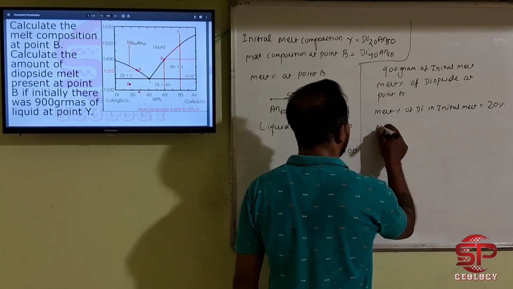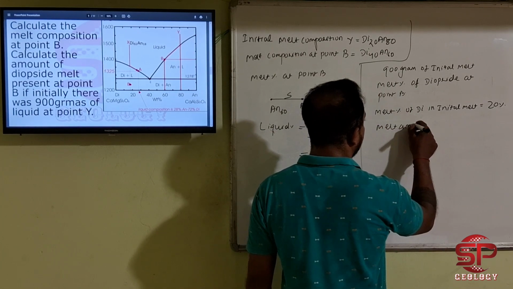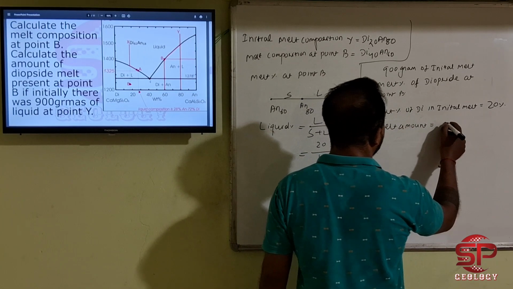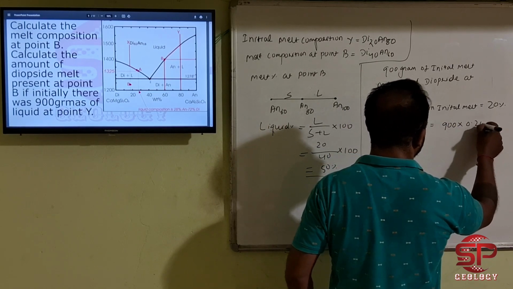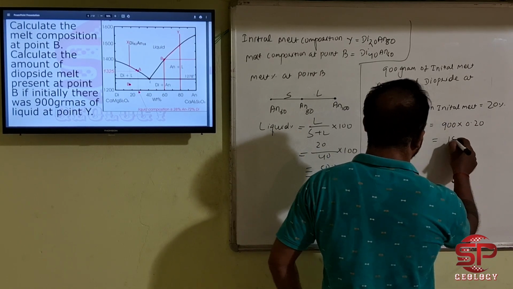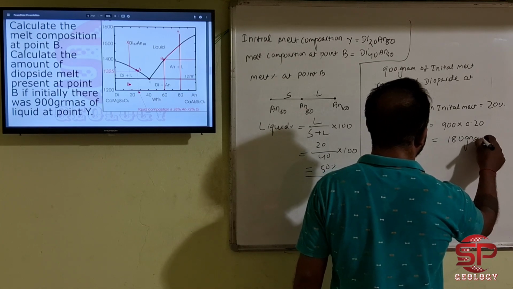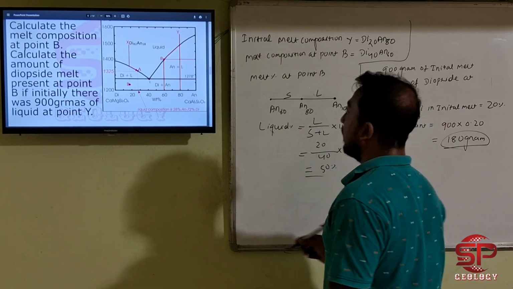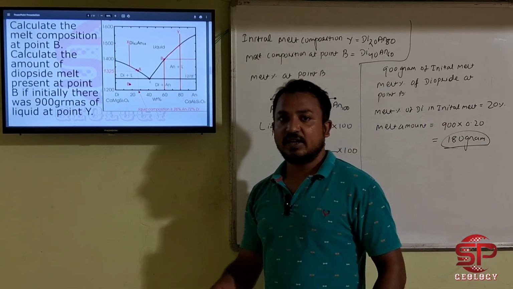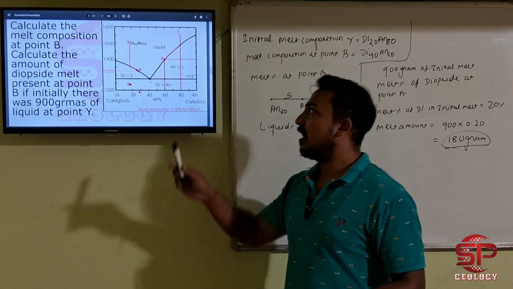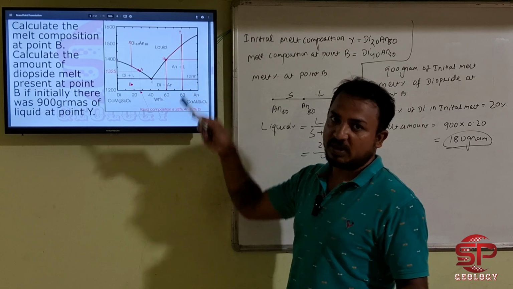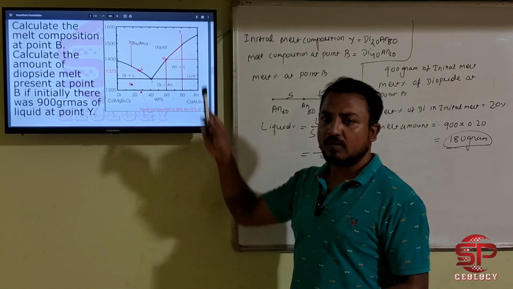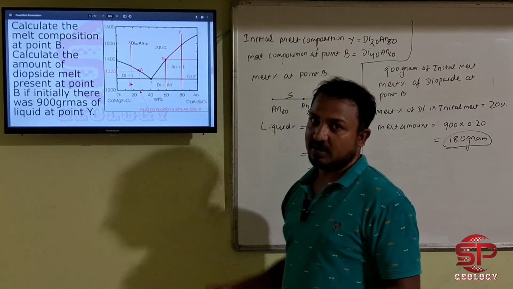So the melt amount will be 20% of 900, which will be 180 gram. That means at point Y initially it was 180 gram of diopside, and as it will not crystallize till point B, the amount will remain the same. So we don't have to calculate the melt percentage here.